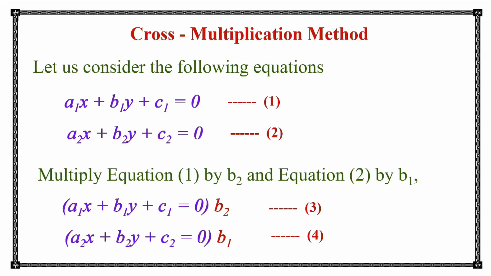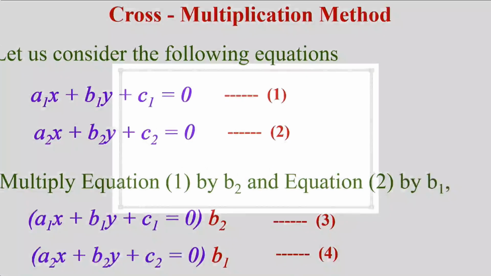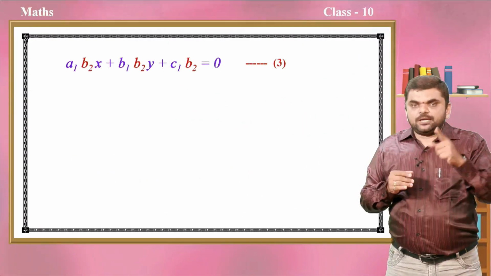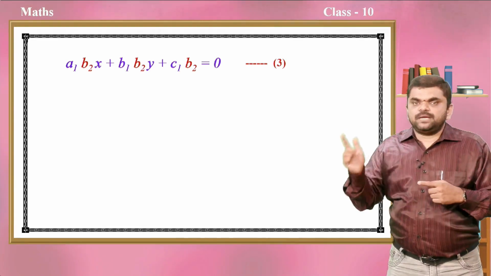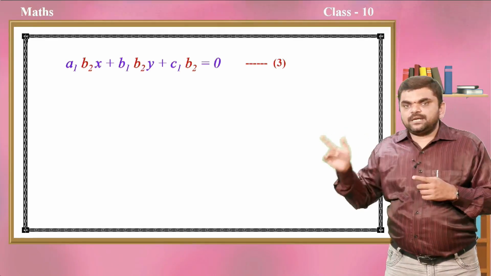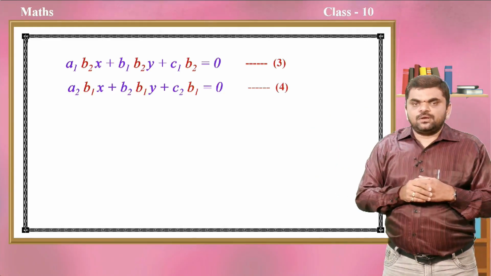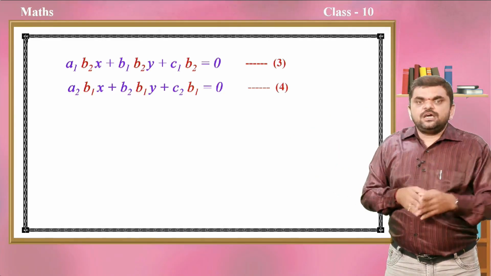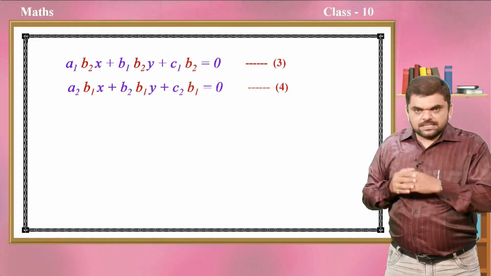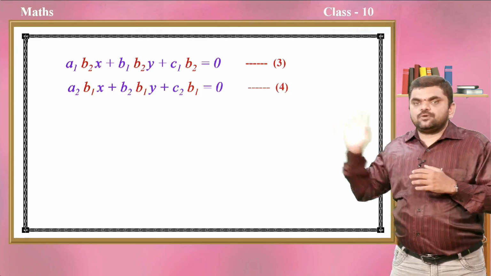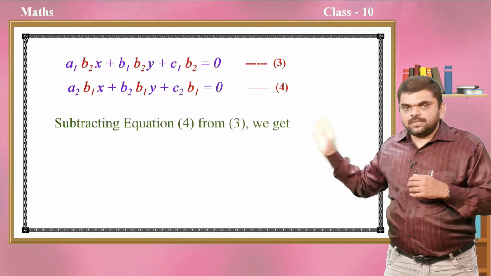Let us consider these as equation number 3 and 4. Now what we will get? a1b2x plus b1b2y plus c1b2 is equal to 0. That is equation number 3, already we know. And next equation, a2b1x plus b2b1y plus c2b1 is equal to 0. That is equation number 4.